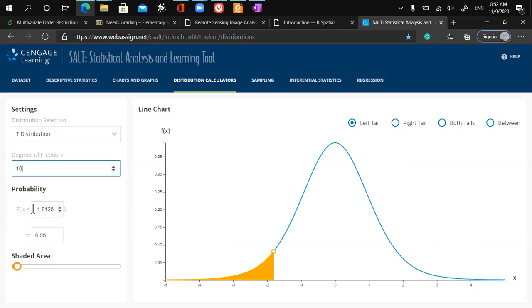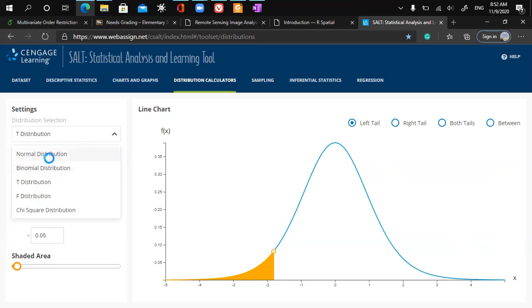And as you see here, if you remember, for a standard normal distribution, if this shaded area is 0.05, this Z critical value is -1.645.